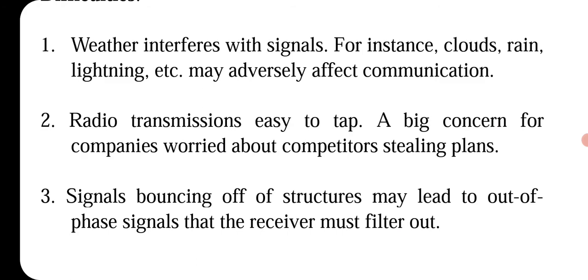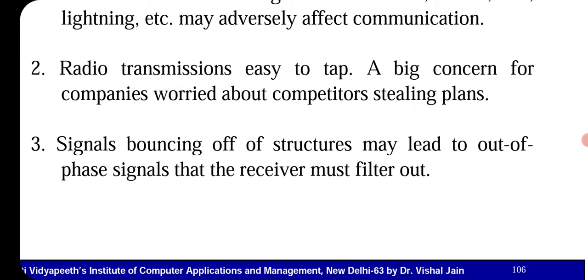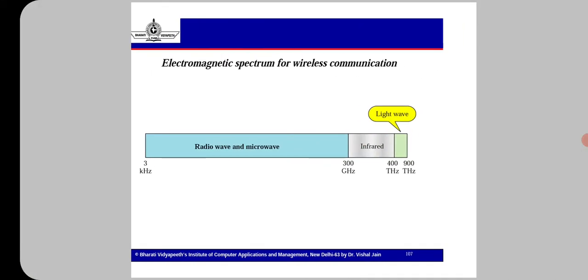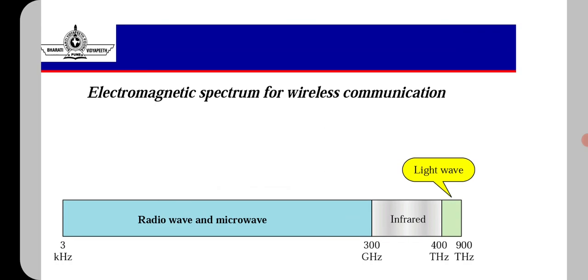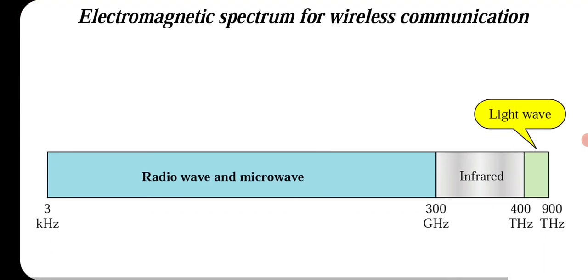That is a big concern for companies worried about competitors stealing plans, and signals bouncing off surfaces may lead to out-of-phase signals that the receiver must filter out. This is the diagram explaining the electromagnetic spectrum for wireless communication.